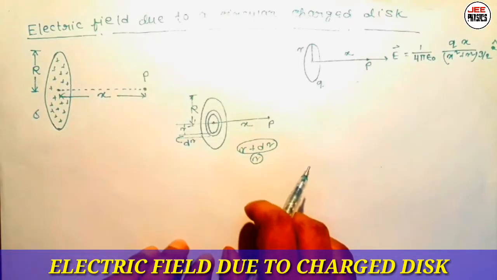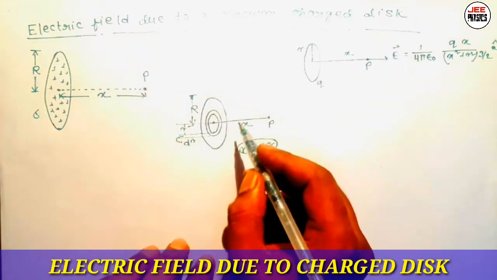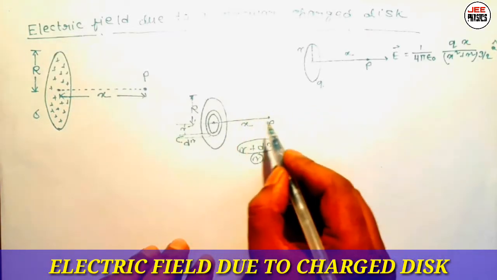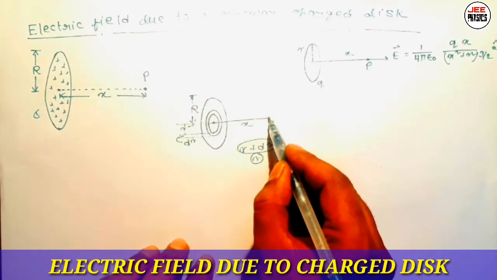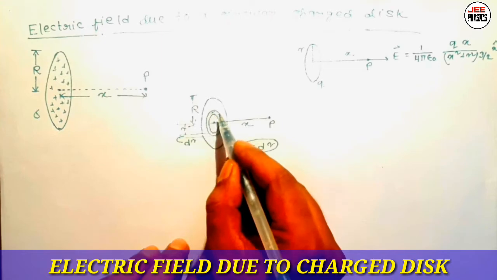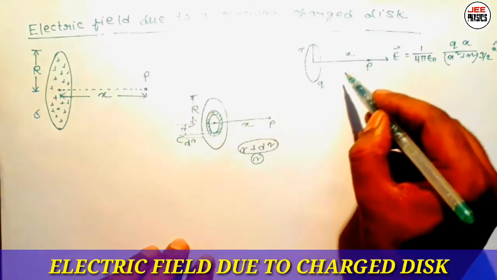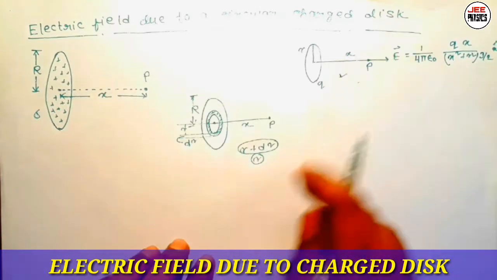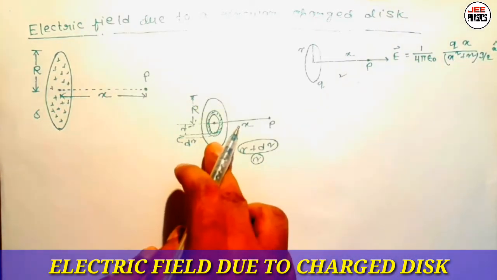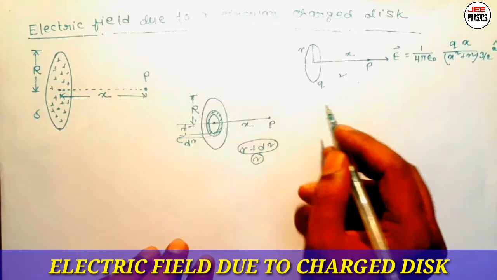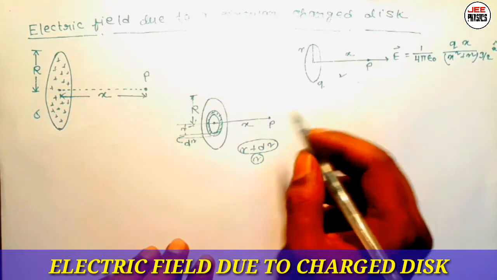Now if I want to know what is the electric field at P due to this ring only, the case is very much similar to this case, because this is also a ring. Now due to this ring, the electric field we have to write.